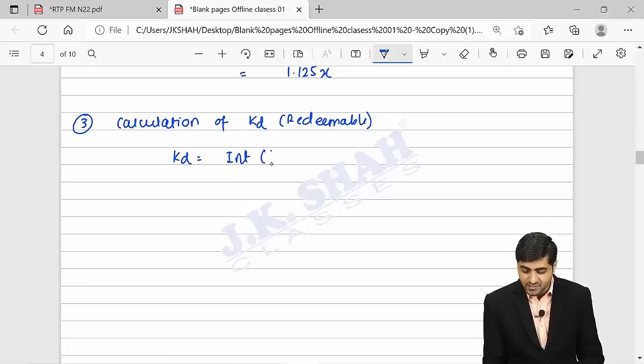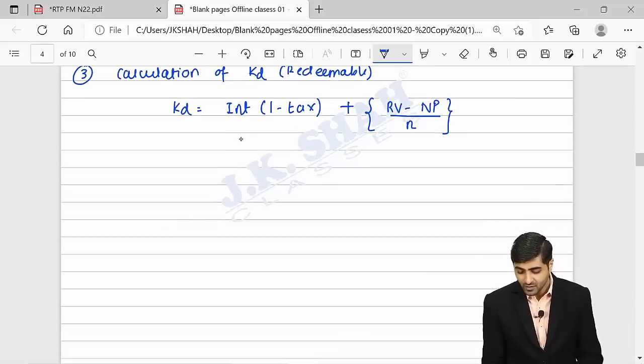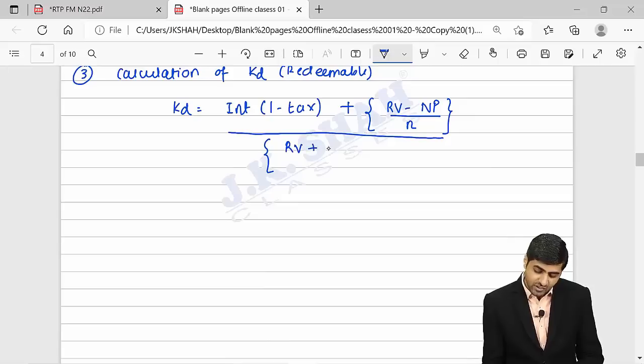It will be interest into 1 minus tax rate plus whatever is the redemption value. From this you subtract the net proceeds and we divide by n, and then we'll be taking the average of redemption value plus net proceeds upon 2 into 100.